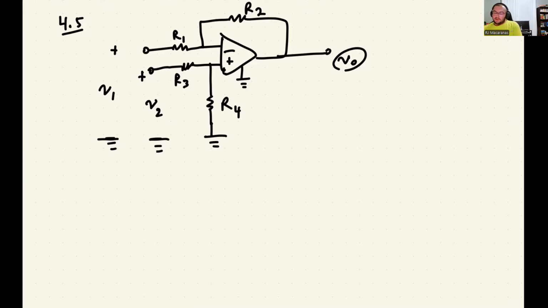But what I do know is that no current goes this way, so it's pretty easy to figure out the voltage there. And so that voltage is just a voltage divider. So this V plus is going to be V2 times our R4 divided by R3 plus R4.